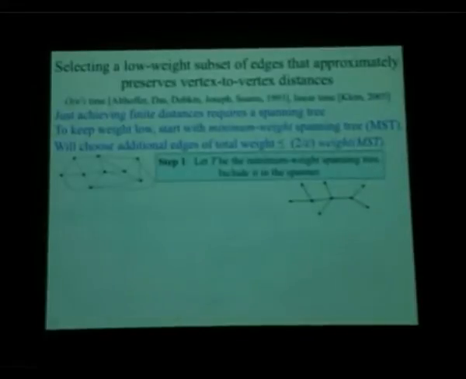All right, so here's the graph that we start with. So first let's find the minimum spanning tree. So here's the original graph, and now let's say these are the spanning tree edges. Now conceptually, we want to think about shortest paths that don't pass through the spanning tree.